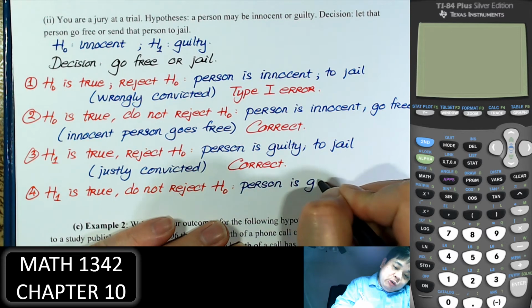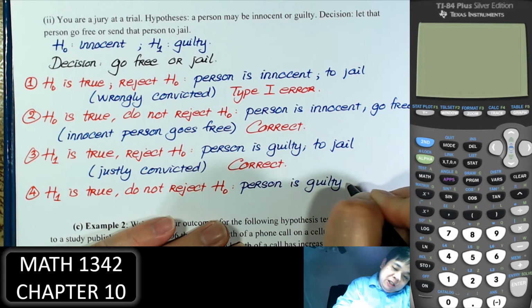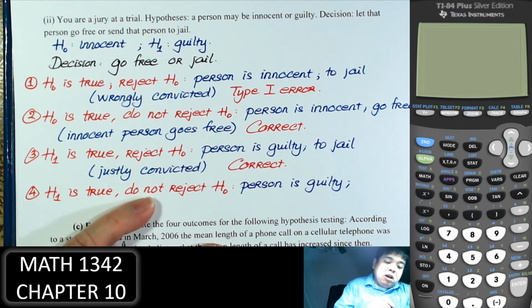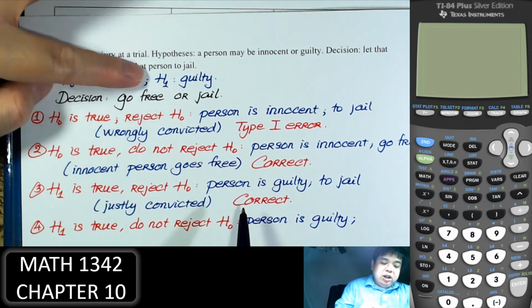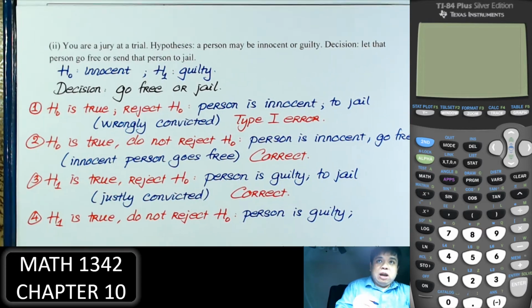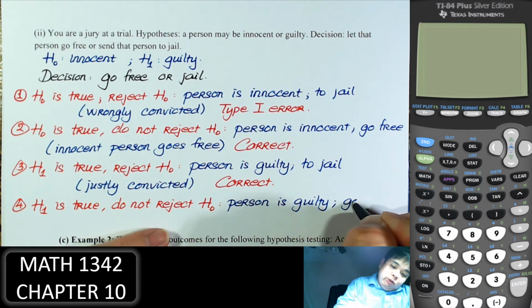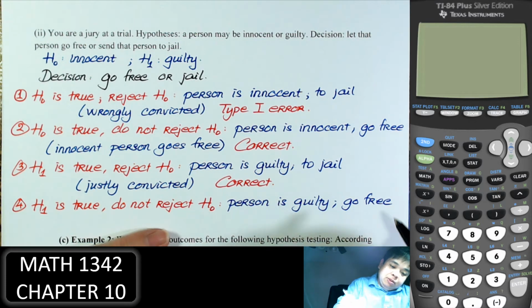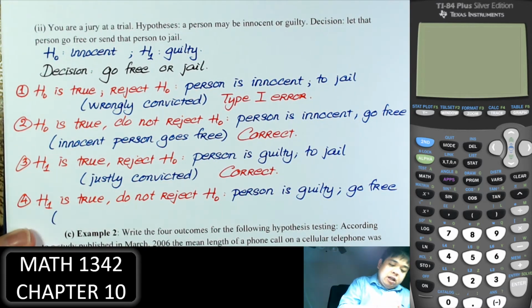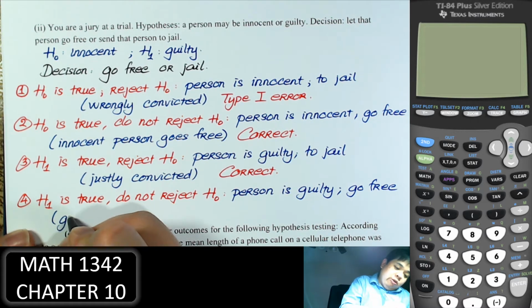That is the reality. But we do not reject the innocent notion. So that means we let that person go free. That is the decision. So in this case, we have the guilty person go free.